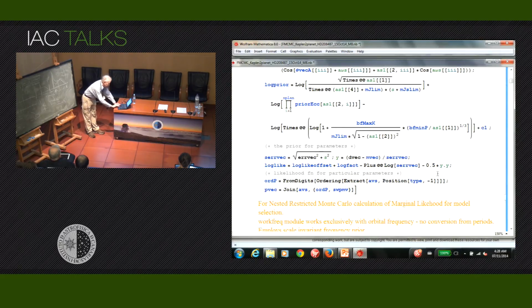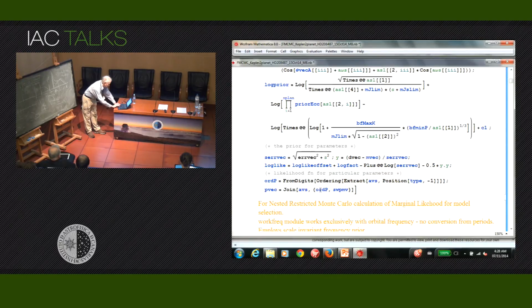And when I do the dot product, then I've got the square of that. And here I've got these normalizing factors, log fact, and the log of this error term. And then it puts out a result here, AVS, which is the list of parameters.